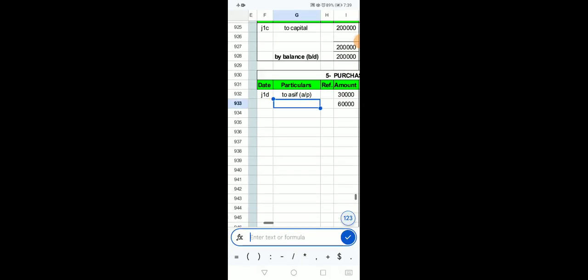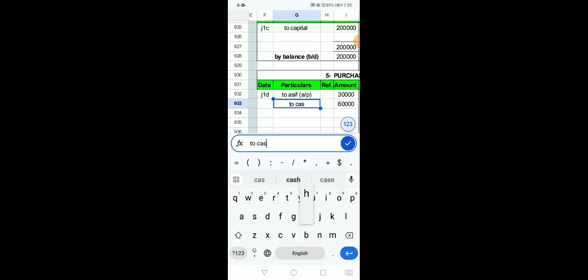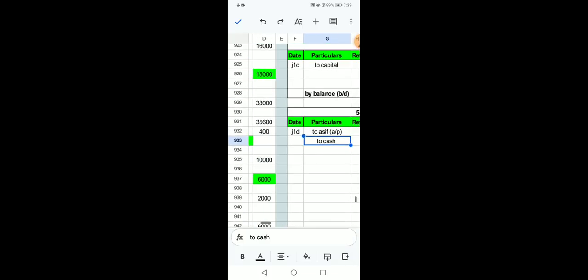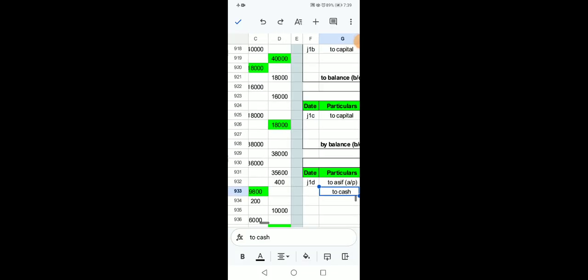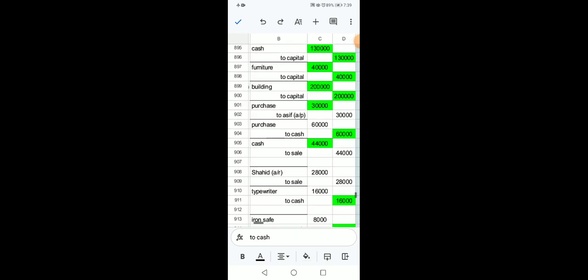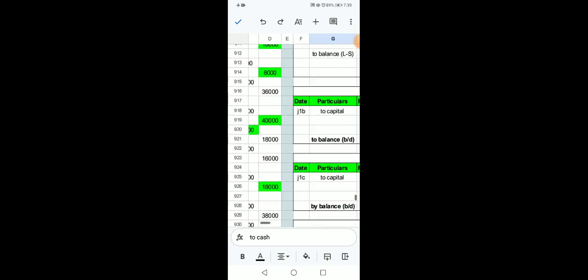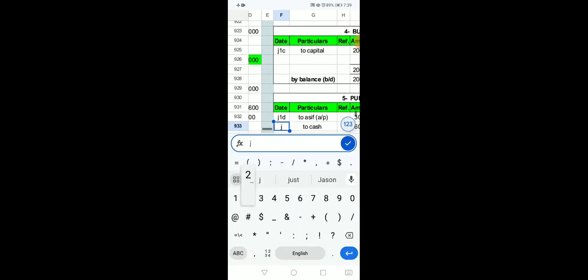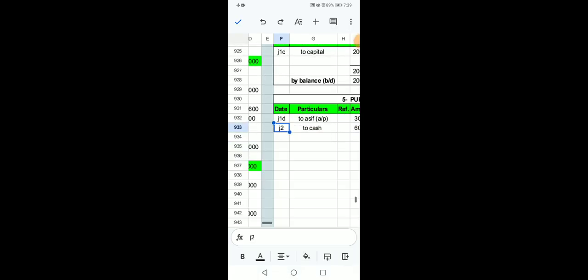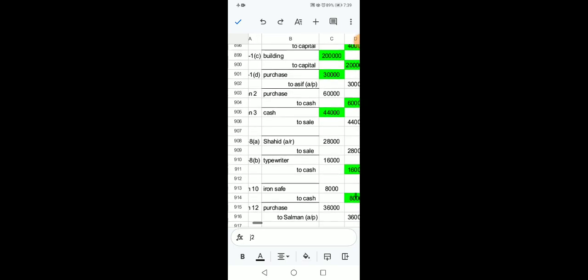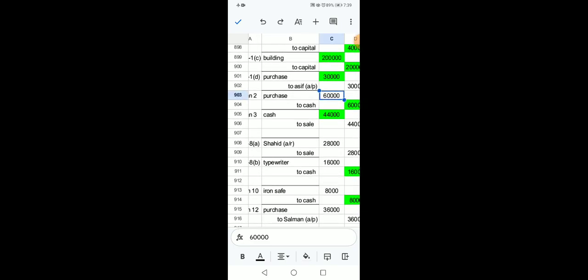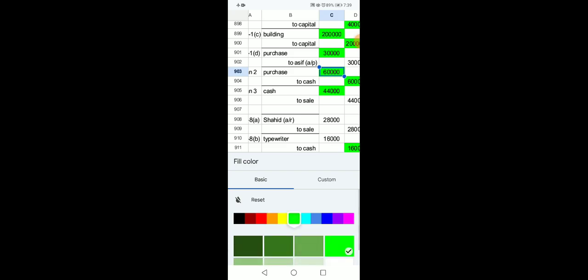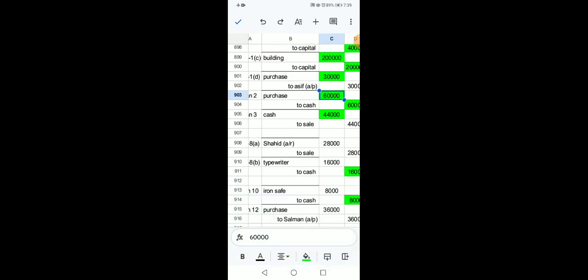So we are going to write To cash in the particular column as a reference for 60,000. Now let's see what the date is. That is January 2. Put January 2 in the date column as well. This way our posting for 60,000 is completed. Mark it as done.